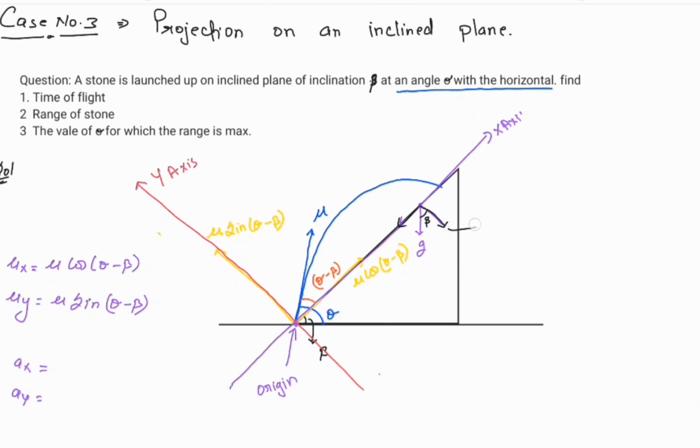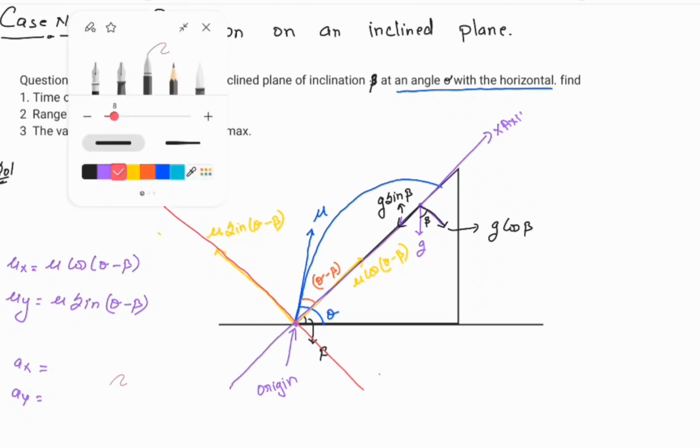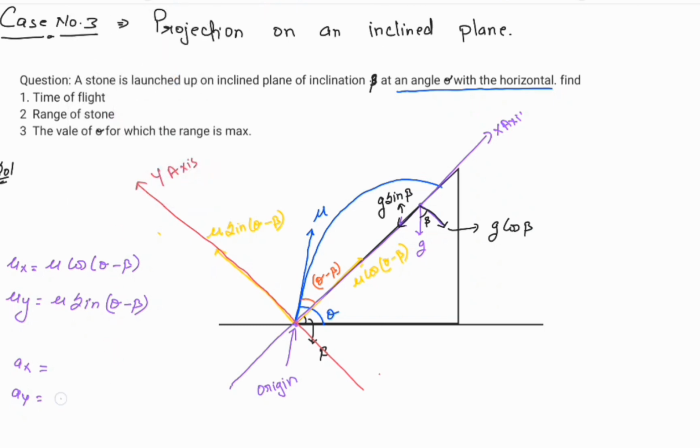So this component will be g cos of beta, and the value of this component is g sine of beta. Now everything is easy. What is the vertical component as per the x-axis and y-axis you have drawn? It is minus g cos of beta, because this is your y-axis.